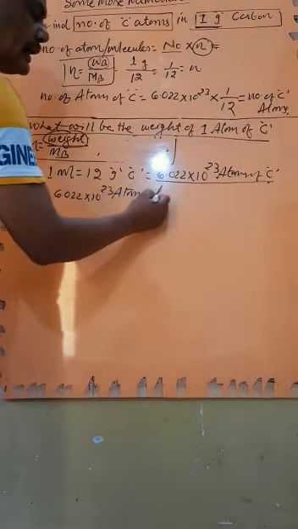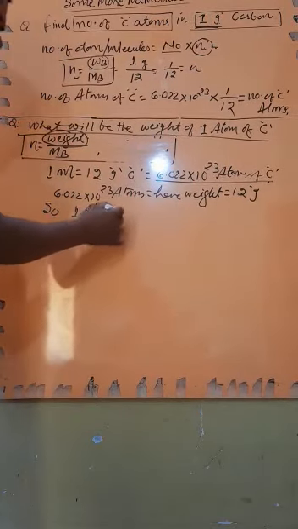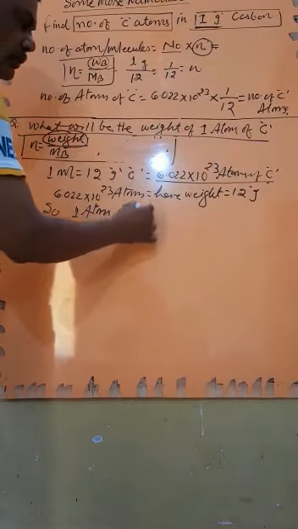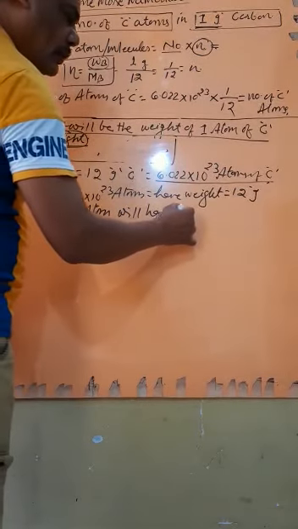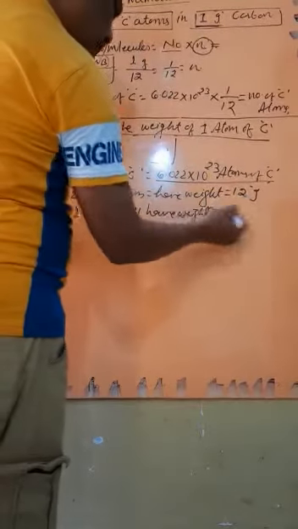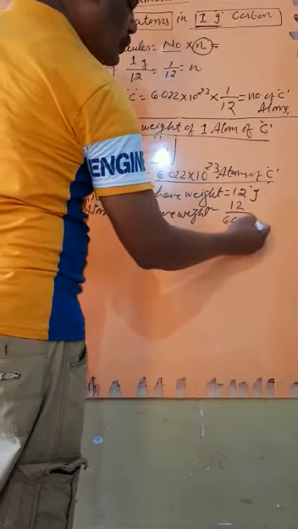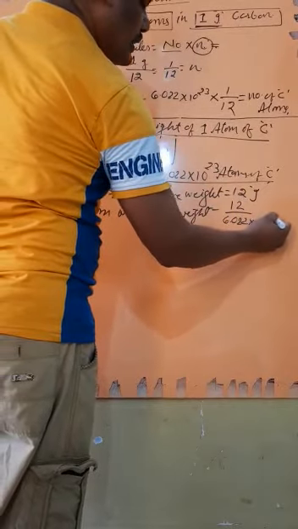Here we have to find the weight. So 1 atom will have a weight of 12 divided by 6.022 into 10 to the power 23.